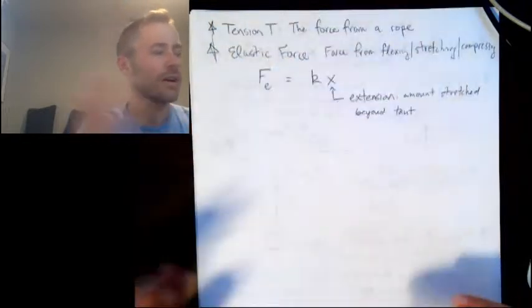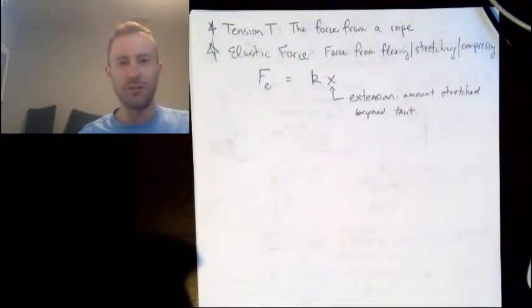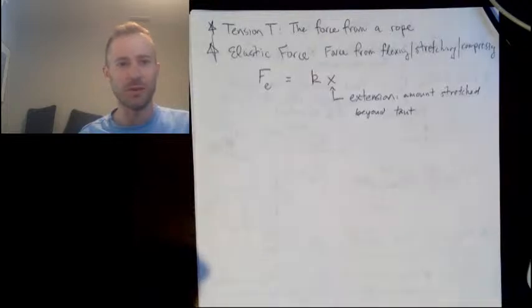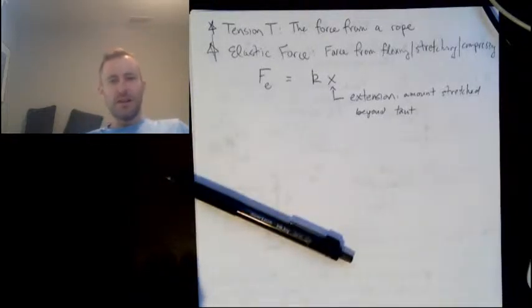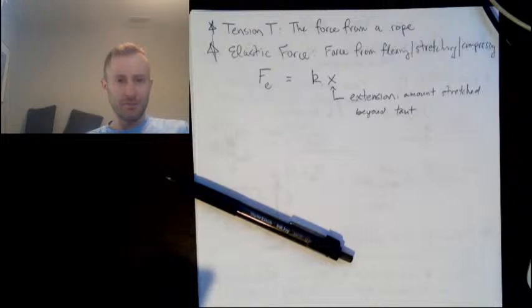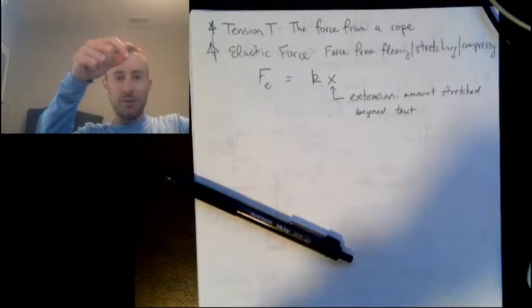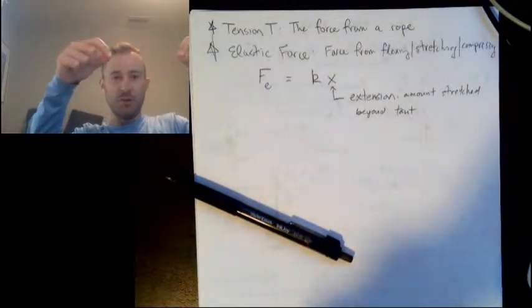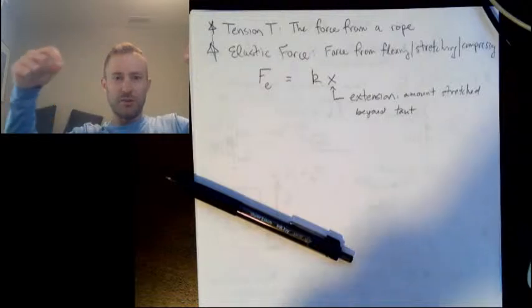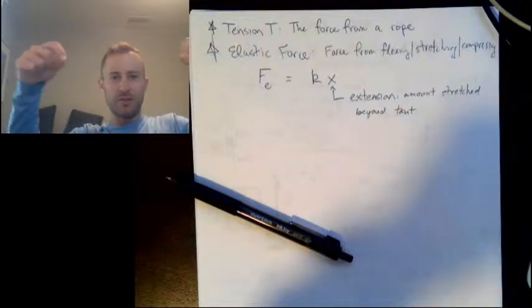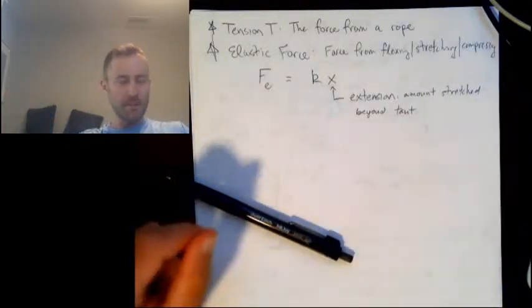So I literally don't have any rubber bands in my house. I was looking before giving this lesson. I couldn't find any. But if you think about a rubber band, it's flimsy. It exerts no force until the rubber band is completely pulled tight. And then if you go beyond that, that's when you start to get an elastic force resisting the stretching, okay?